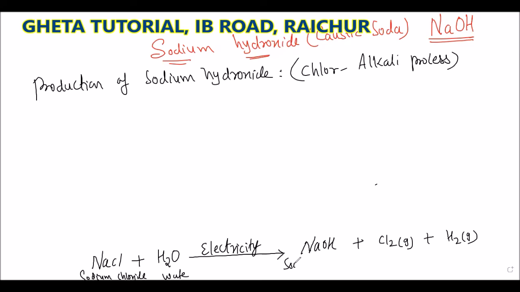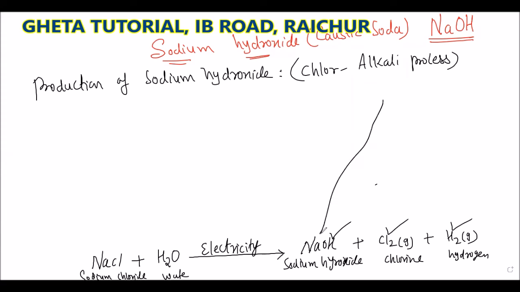Three products you will get: sodium hydroxide, chlorine gas, and hydrogen gas. The sodium hydroxide is called alkali, and the chlorine gas is called chlor. Because of this reason, this process is called what process?